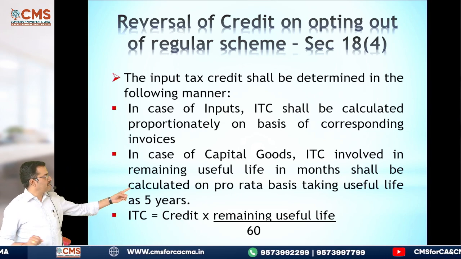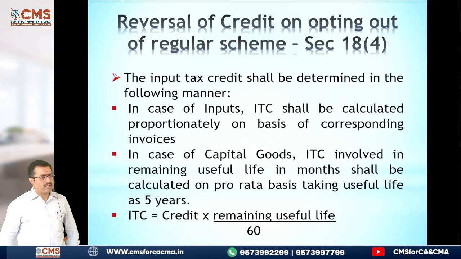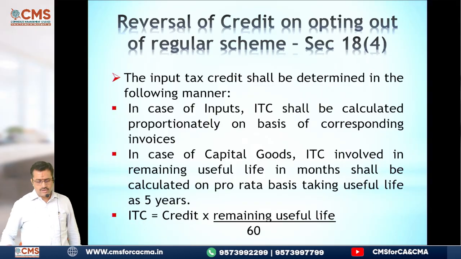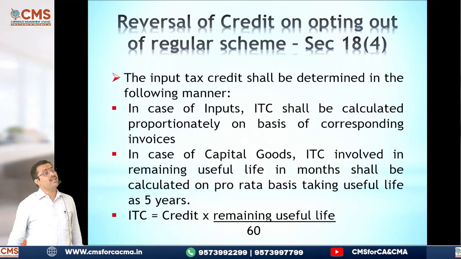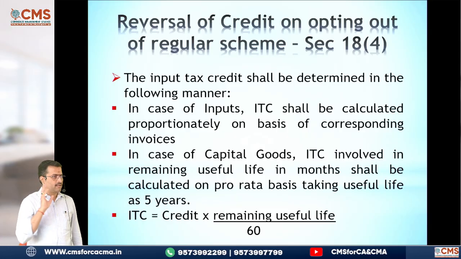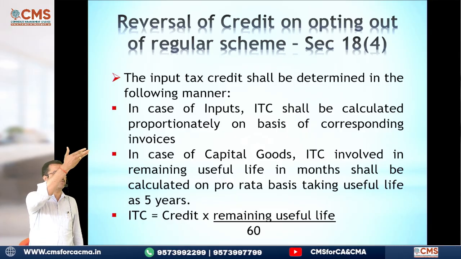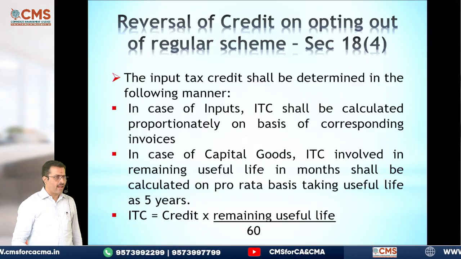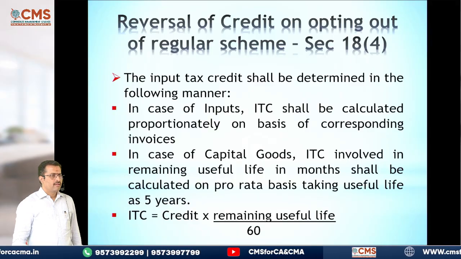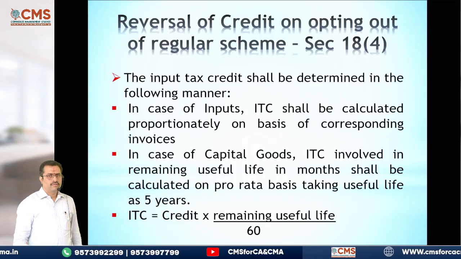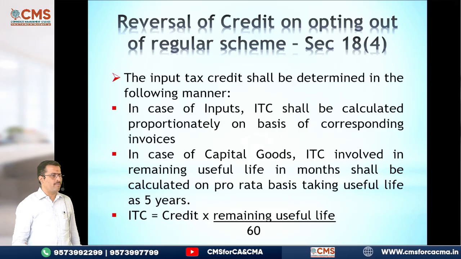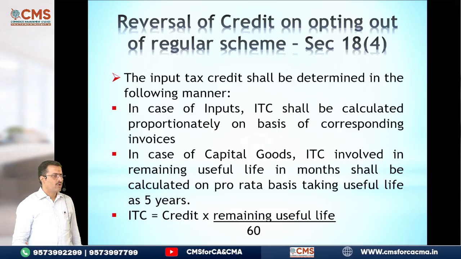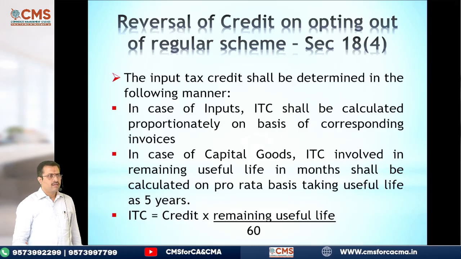Okay, so now what is he saying? Please see. In case of capital goods, ITC involved in remaining useful life. Remaining useful life, not complete. So that means I purchased a capital good 6 months back. What is the remaining useful life of the capital good today? 6 months over.